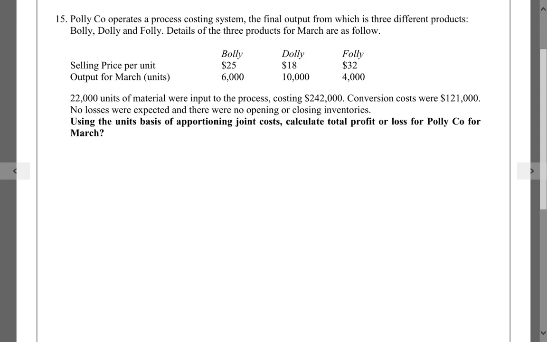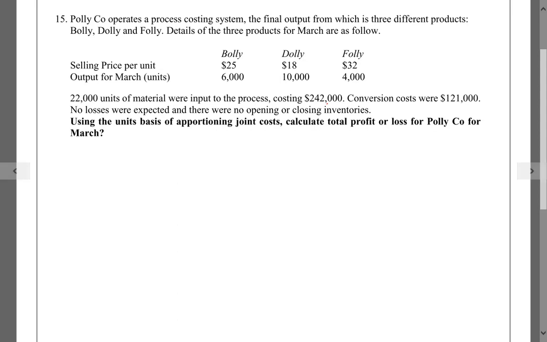Final output from which is 3 different products, Boly, Dolly, and Foley. Selling price is 25, 18, 32, and the output is as follows. 22,000 units of material were input, costing 242, and conversion is 1 to 1.